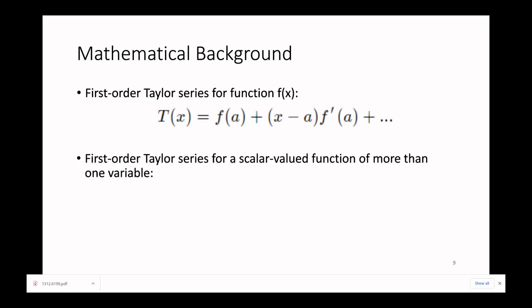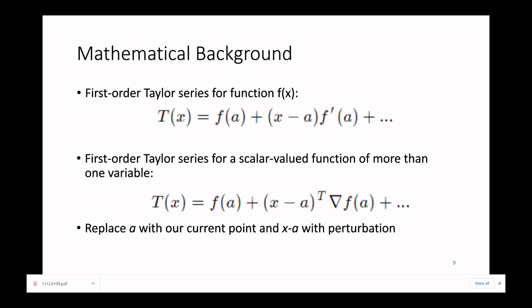Now, generally our classifiers have several variables, so the function is actually a multivariable function. In that case, in the Taylor series, we basically exchange the derivative of f with the gradient of f. And we also replace a and x, both of them are going to be vectors now.